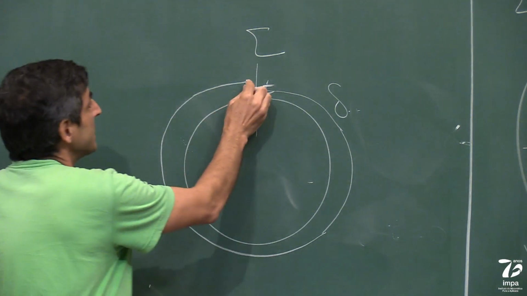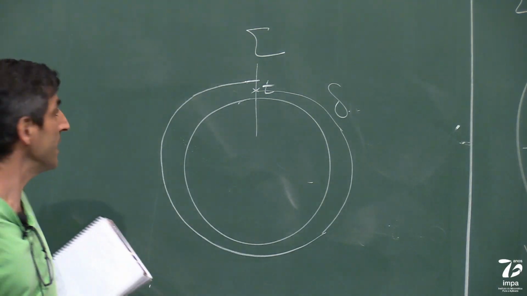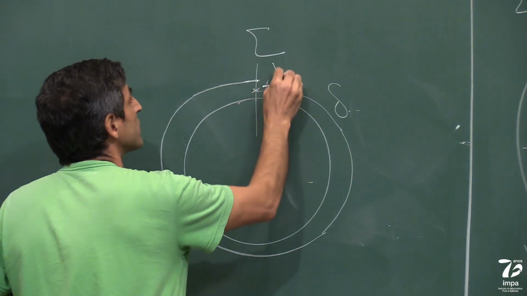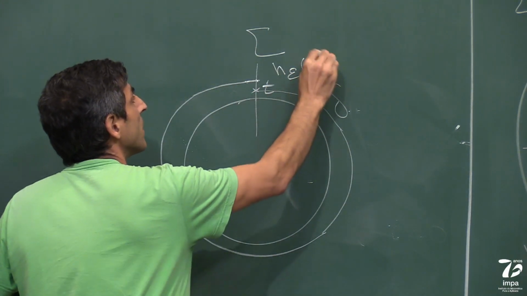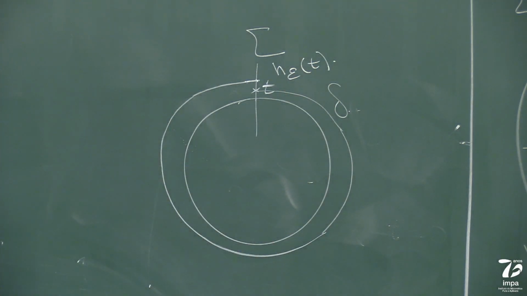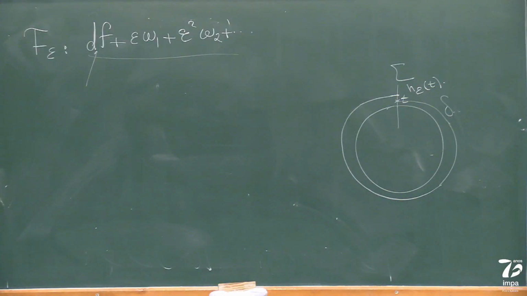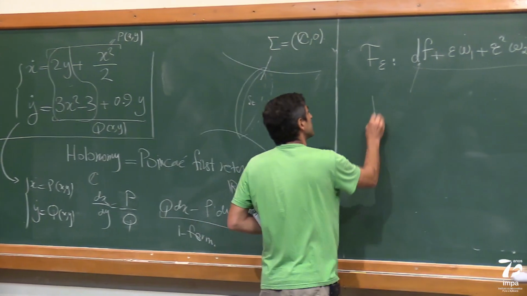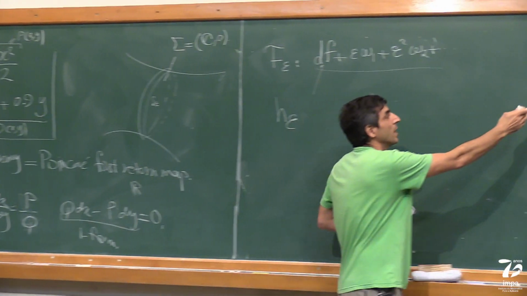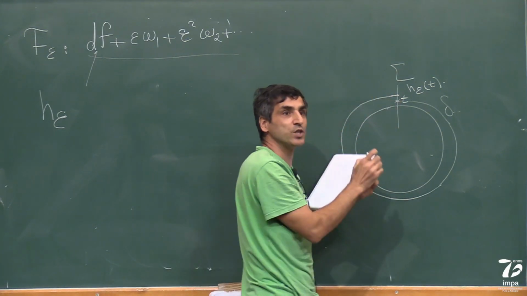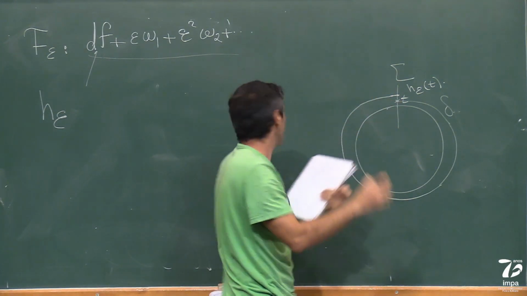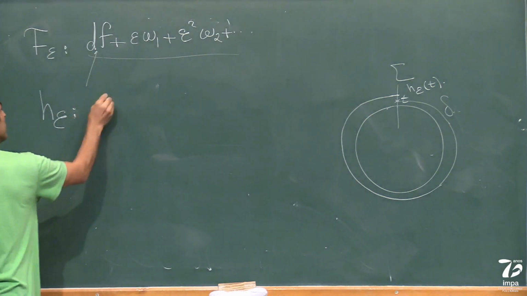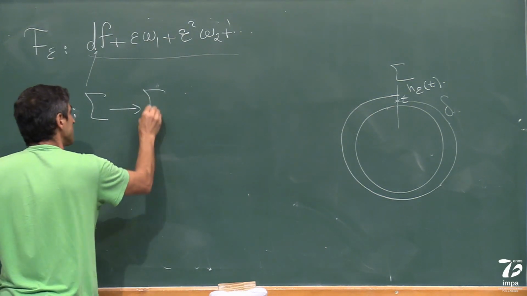But the point is that in the perturbed one, you will not reach t again. You will reach another point. Let's call it h epsilon t. And this is the perturbed Poincaré first return map, or let's say the perturbed holonomy. Again, this Sigma I don't consider global. Each time you can take it smaller and smaller for your purpose. So at the end, you will get this map.